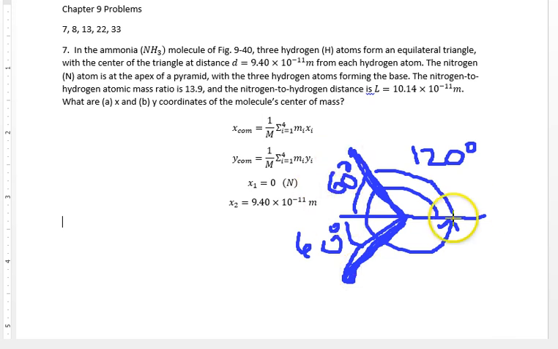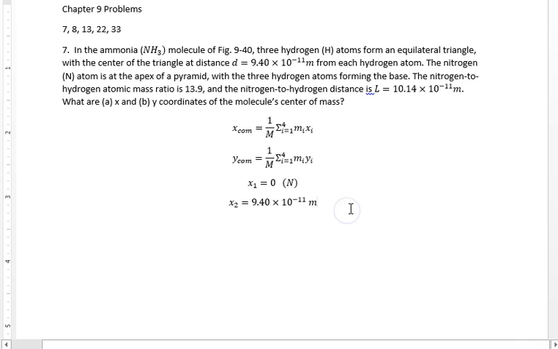So in x, the position of these is going to be this length times minus the cosine of 60 degrees.